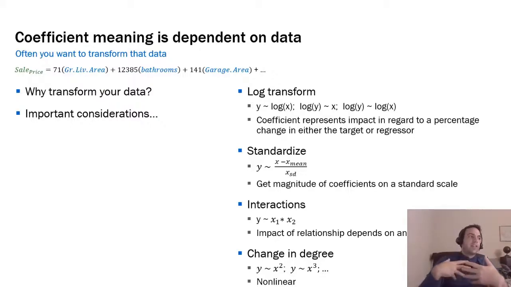It may be advantageous to be able to speak of things in terms of change in dollars on sale price per unit increase in bathrooms. So you may not want to take a log, because that changes that interpretation in a way that doesn't fit your problem. Now, in general, I think it's best practice to do what you can to have the best fit to the model and have that be the guiding principle. But I think it's important to understand in this pricing context, when you care about the meaning of these coefficients, that some of these things should be taken into account.